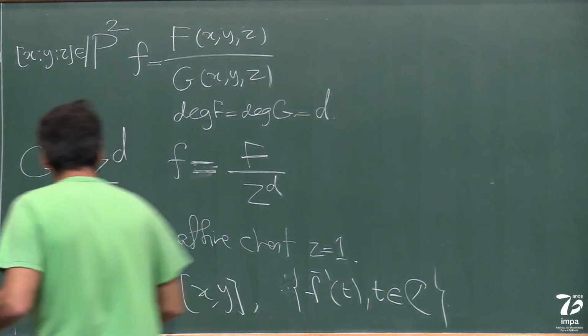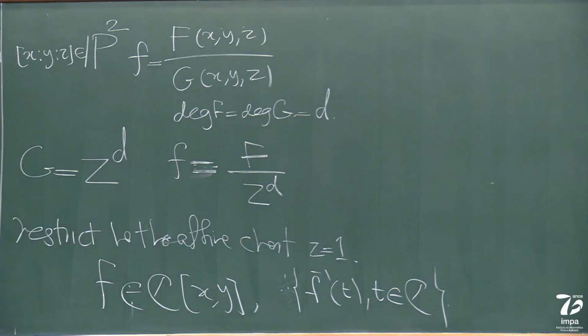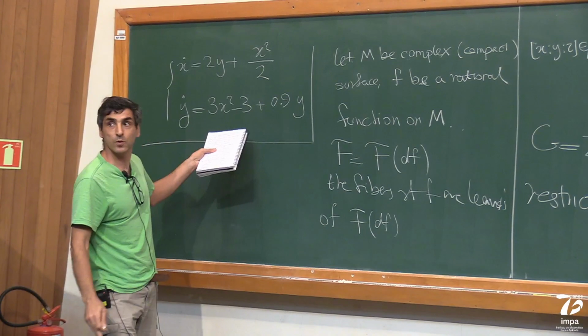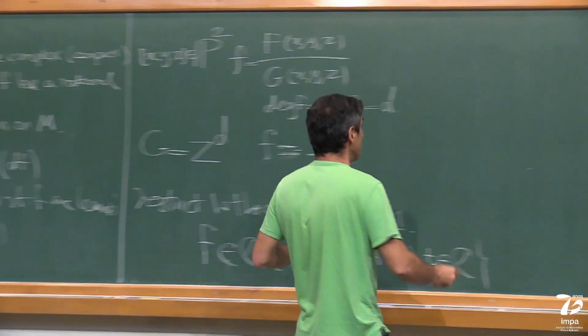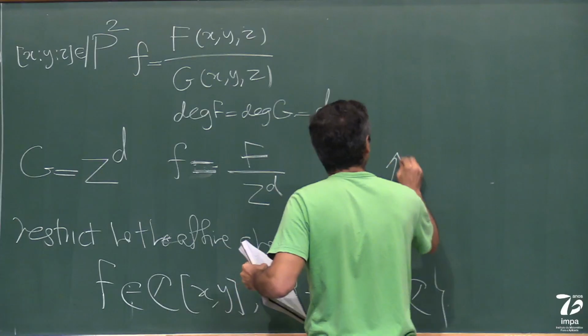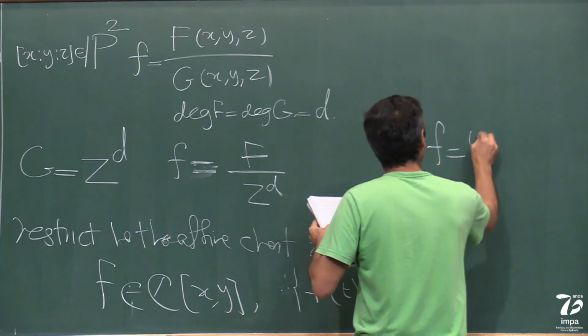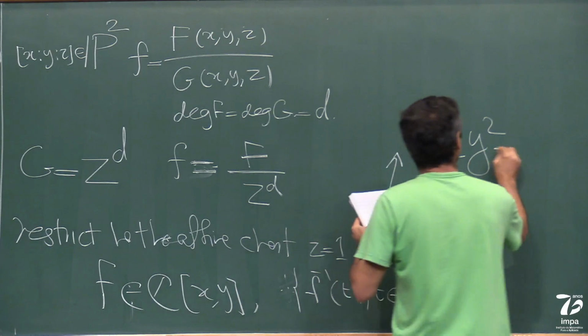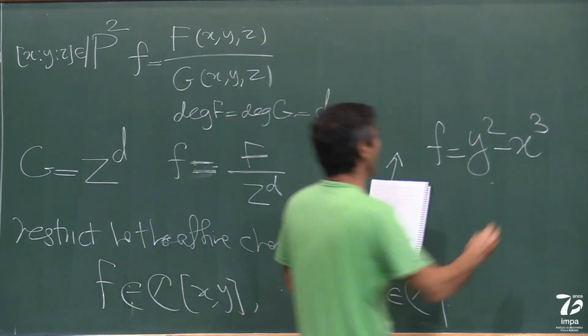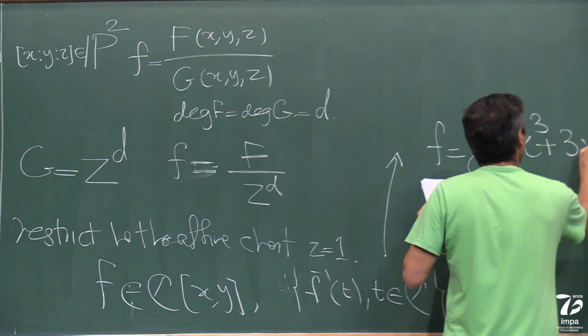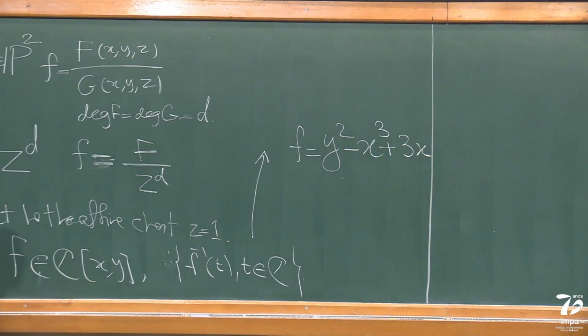As I said, at the end the objective is to concentrate on this example, and maybe I will make it even more explicit: F equal to y squared minus x cubed, another set of monomials.